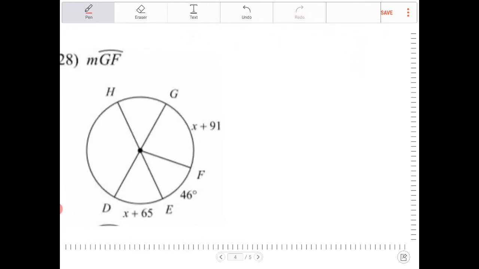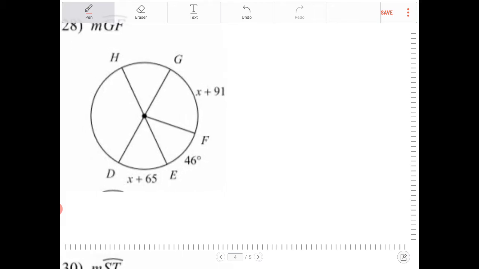And then let's take a look at 28. GF. Again, these 3 things are going to be supplementary. So I add up x and x, that makes 2x. Add up all the numbers, 91 plus 46, that would be 137. 137 plus 65 would be 202, is equal to 180.